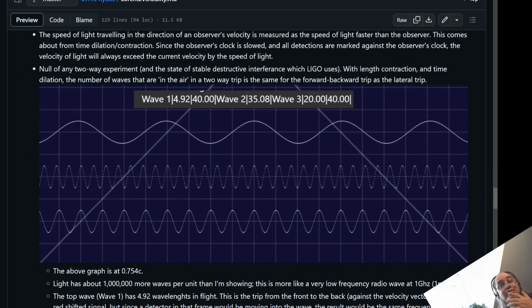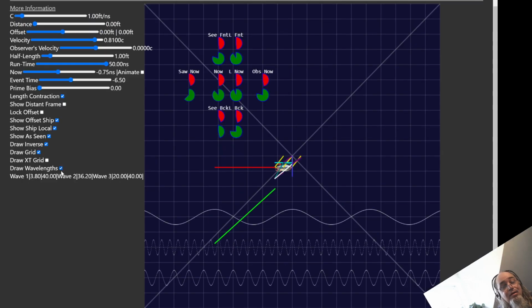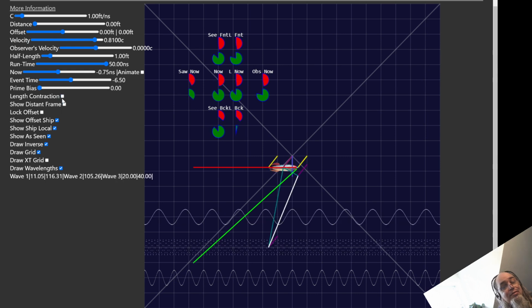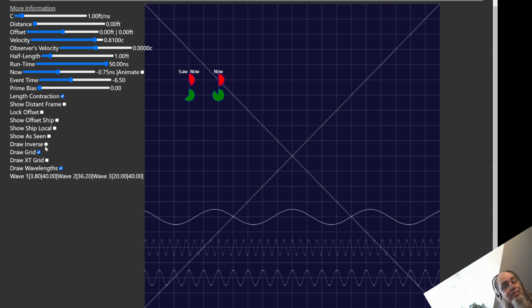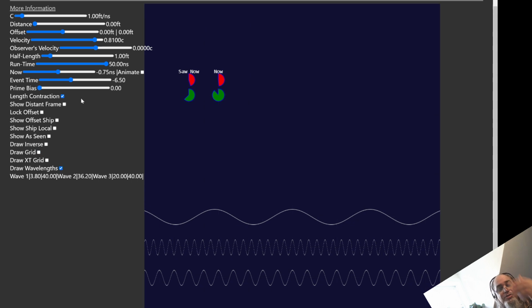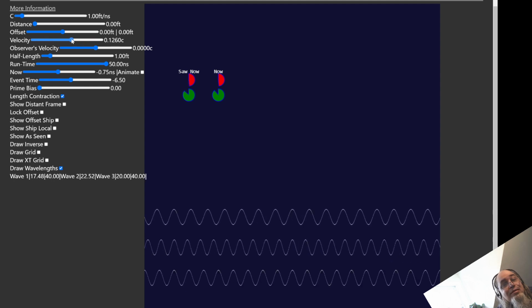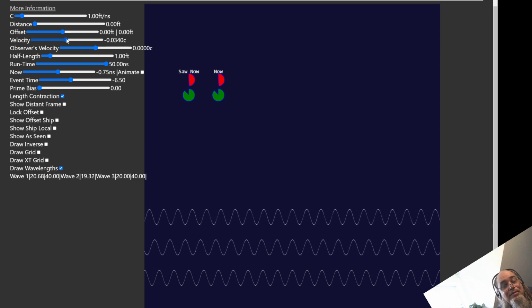The other part of that demonstration was the waves, which I added. This length contraction option is more of a debugging option than it's required for anything to actually work. But this controls based on the velocity. So at zero velocity, waves from the front to the back, and waves from the back to the front, and waves side to side are all basically the same.